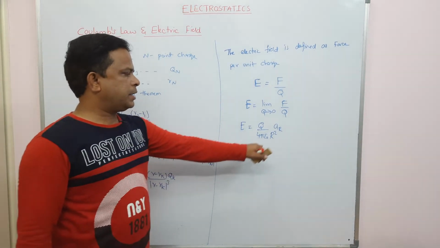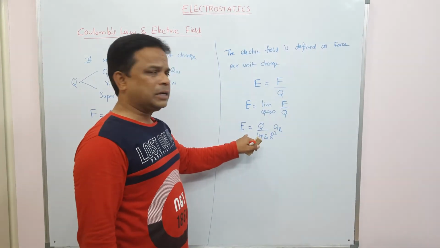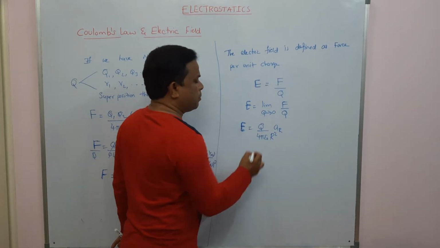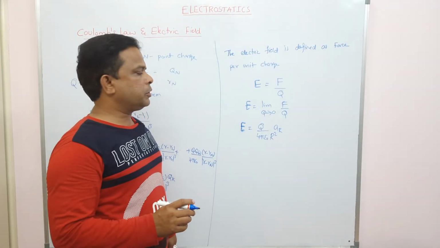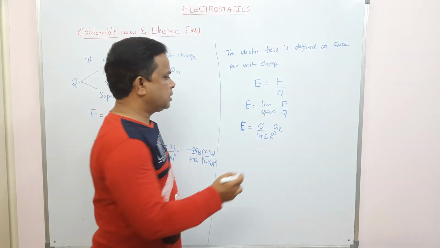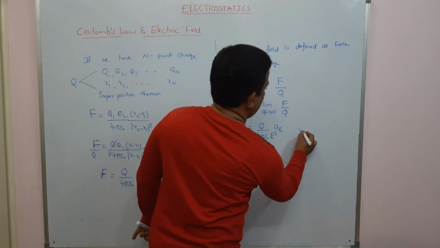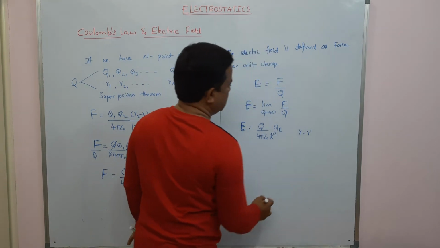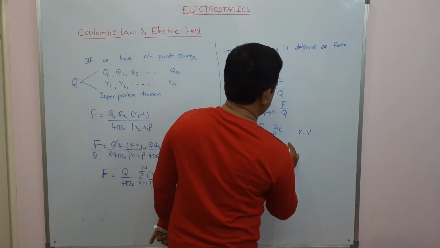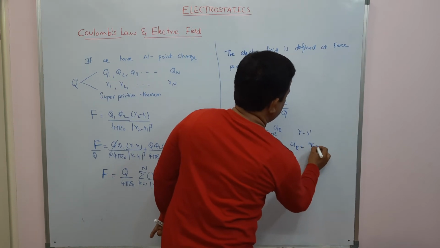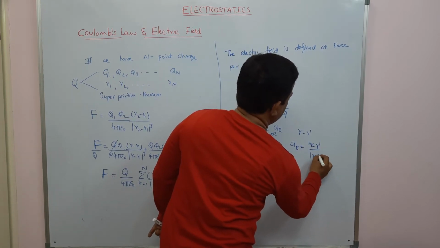Now I am going to calculate the electric field for the point charge which is located at r dash. So this r, AR, will become r minus r dash, and the unit vector AR will be r minus r dash by mod of r minus r dash.